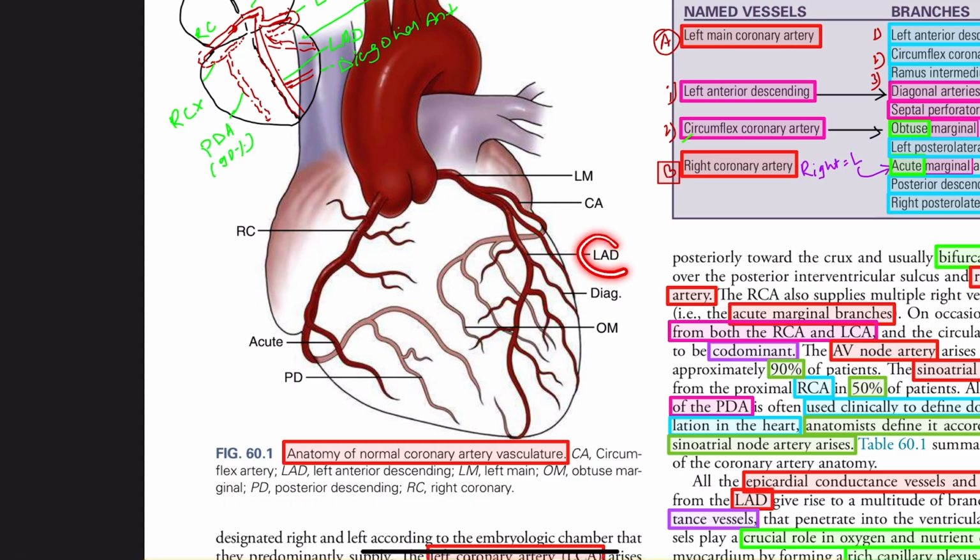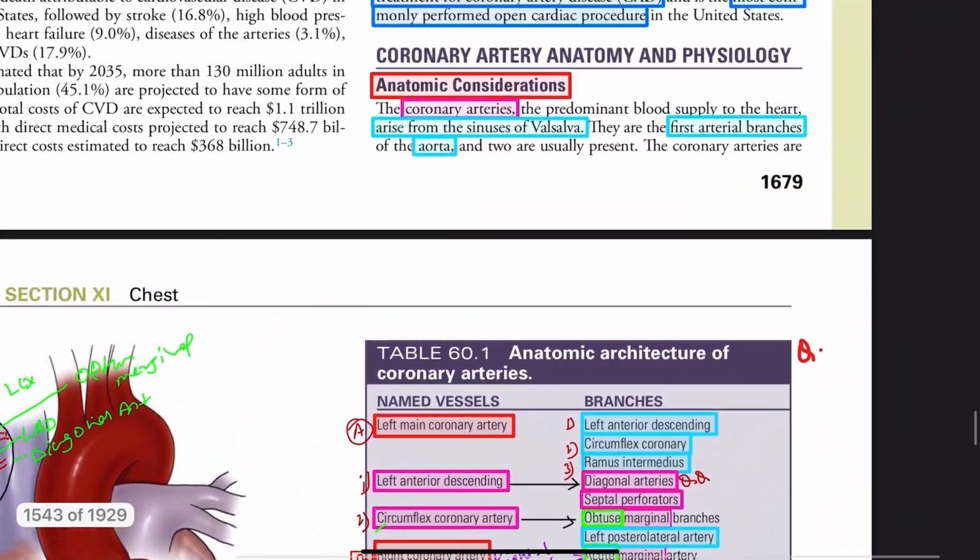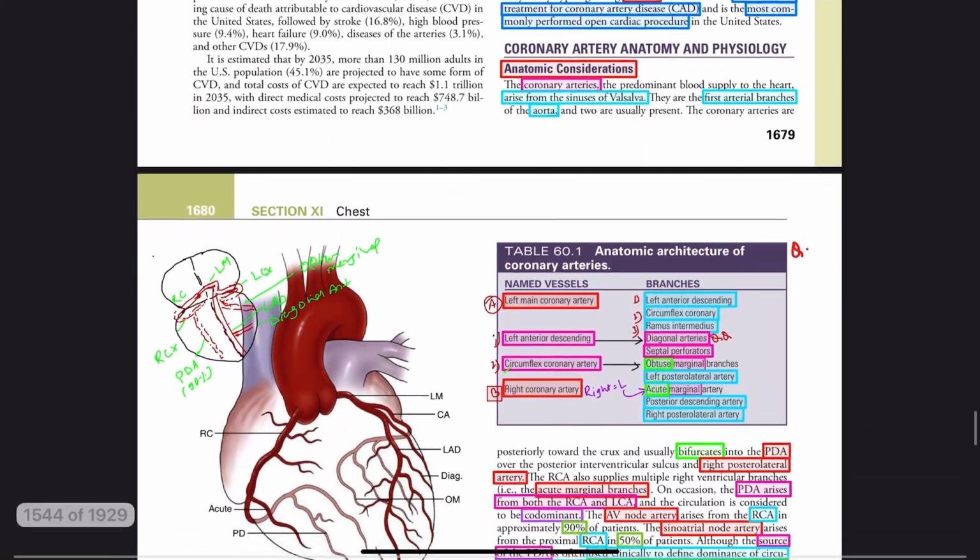The left anterior descending artery gives rise to the diagonal artery, and the circumflex artery gives rise to the obtuse marginal artery. Now the right coronary artery gives rise to the acute marginal artery and the posterior descending artery. I hope it's clear now. Thank you.